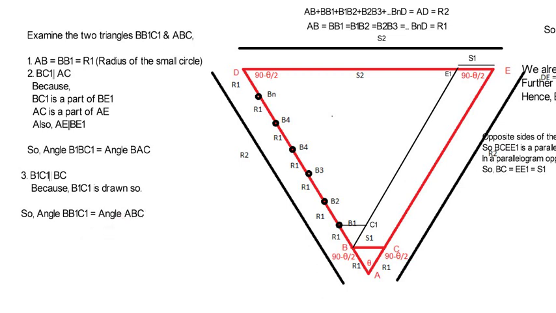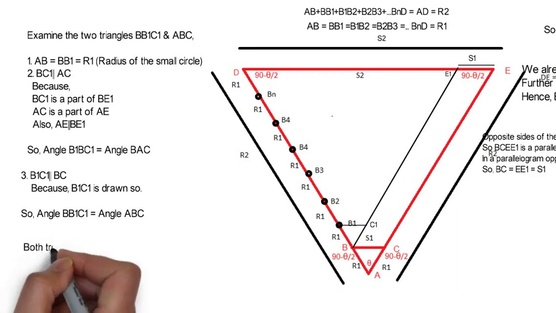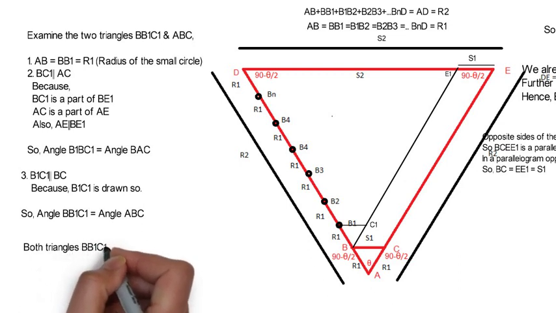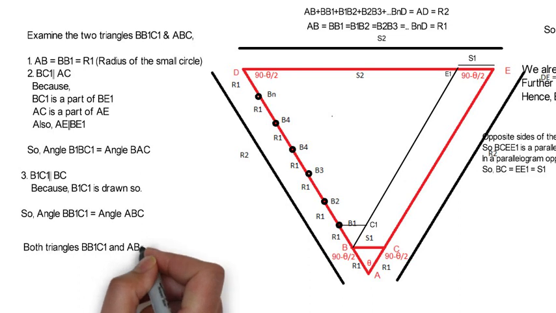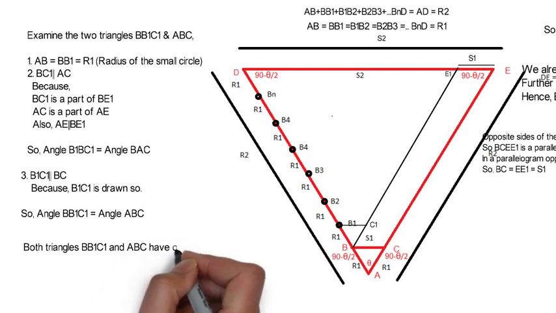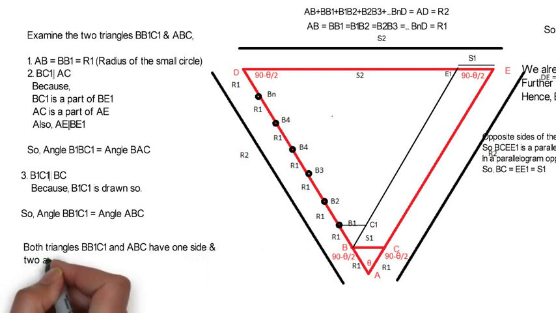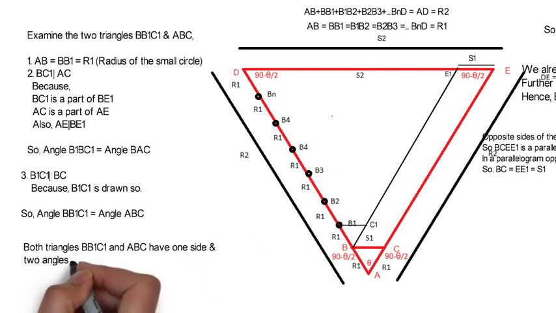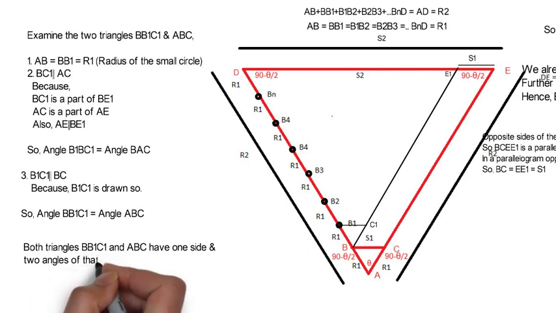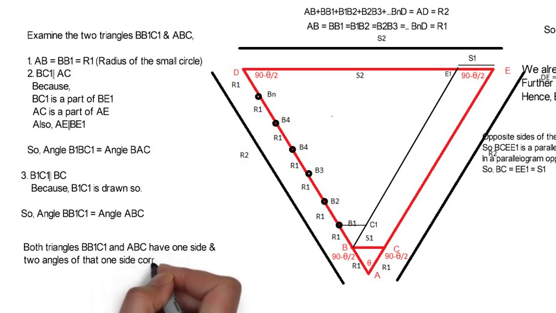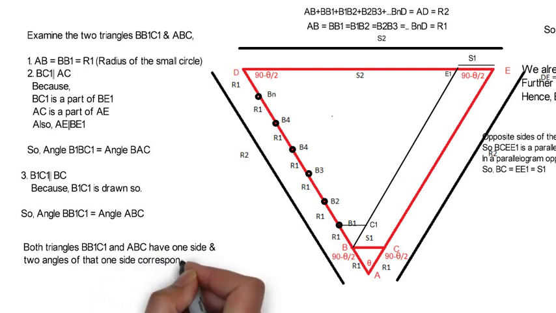In both triangles B1BC1 and ABC, we have one side equal to each other, that is BB1 equal to AB. Along with this side, we also have the two angles on that side equal to each other correspondingly, that is angle B1BC1 equal to angle BAC and angle B1C1B equal to angle ABC.